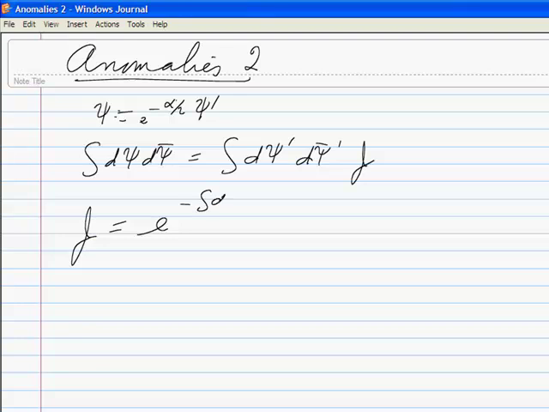e to the minus i integral d4x alpha of x, 3 m squared over 4 pi squared, that's m to the 4th psi, plus g squared over 48 pi squared F squared.